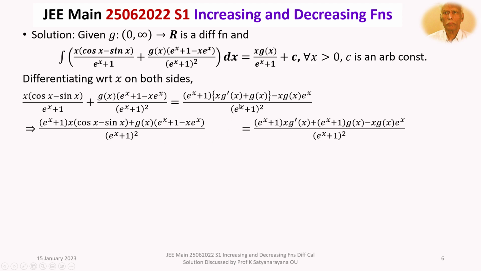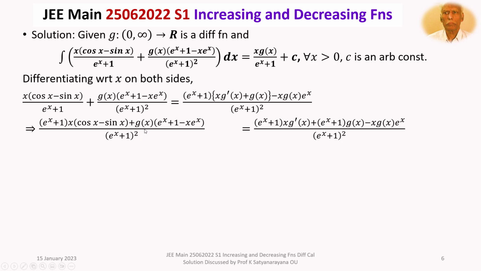Now the right side will be the same, but what we have written is (e^x plus 1) multiplied by x g prime(x), that is this one, and (e^x plus 1) multiplied by g(x), this is the second term. That means just this bracket is open. So this is what we have.